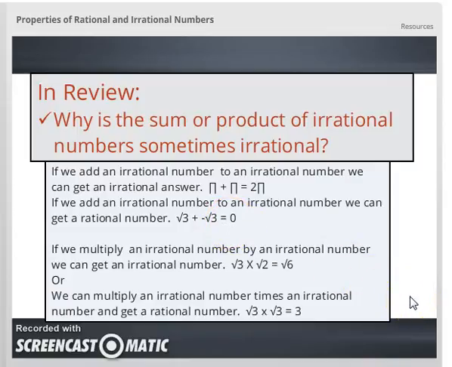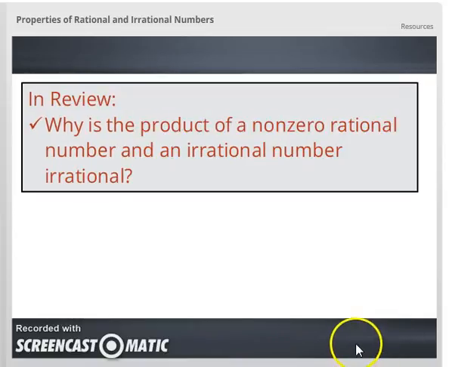If we multiply an irrational number by an irrational number, we can get an irrational number. The square root of 3 times the square root of 2 equals the square root of 6. Or we can multiply an irrational number times an irrational number and get a rational number. The square root of 3 times the square root of 3 equals 3. And last, why is the product of a non-zero rational number and an irrational number irrational?